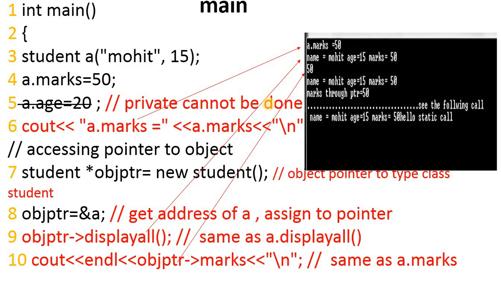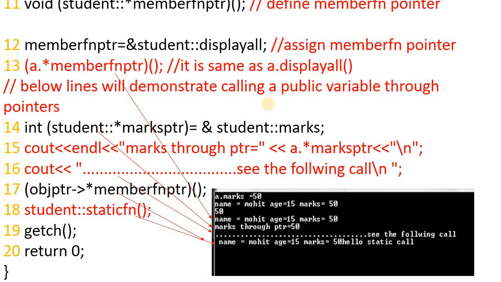Now look further at the use of pointers. Line number 11 says that if there is a member function, you can create a pointer of that. Now member function is display all. Now the display all function can be initialized with the member function pointer.